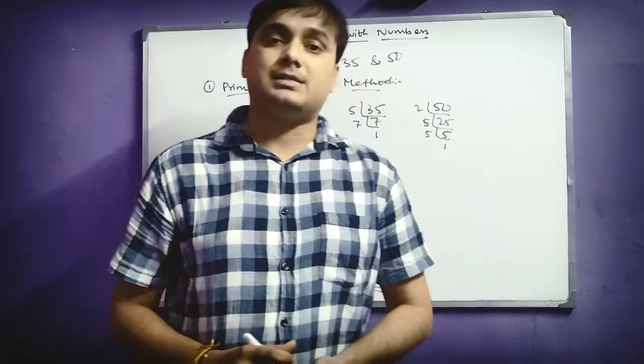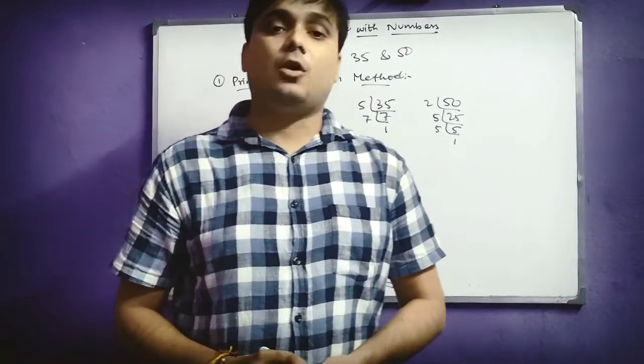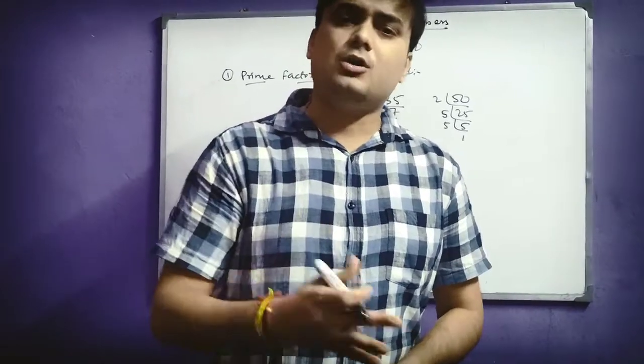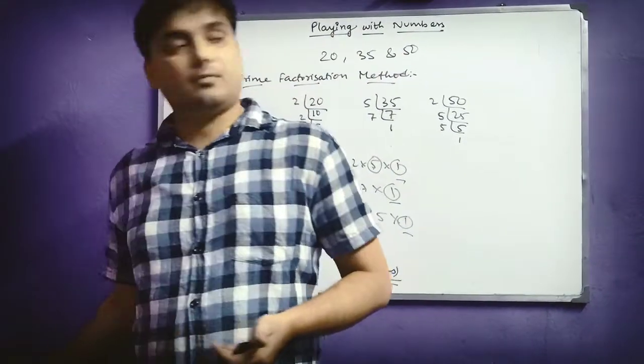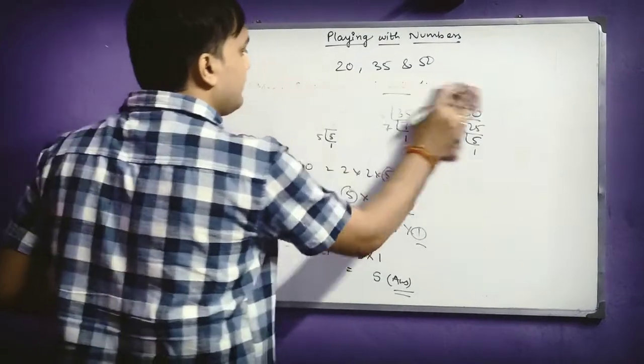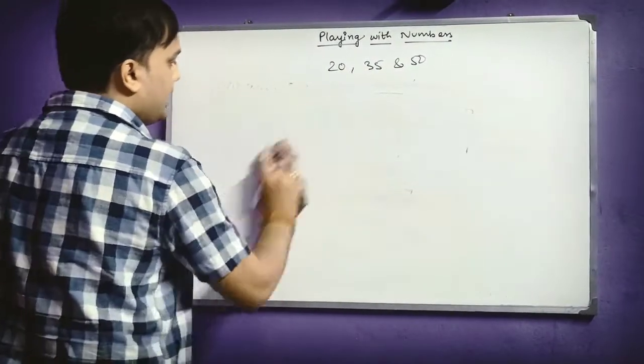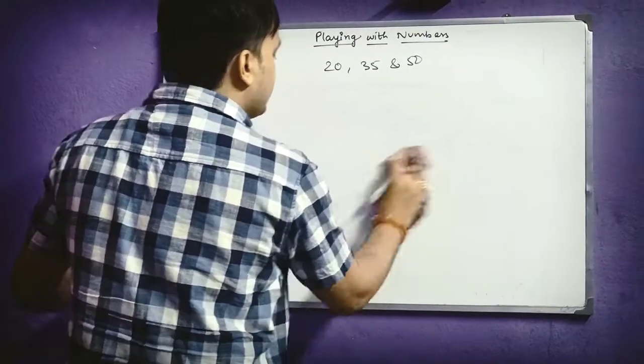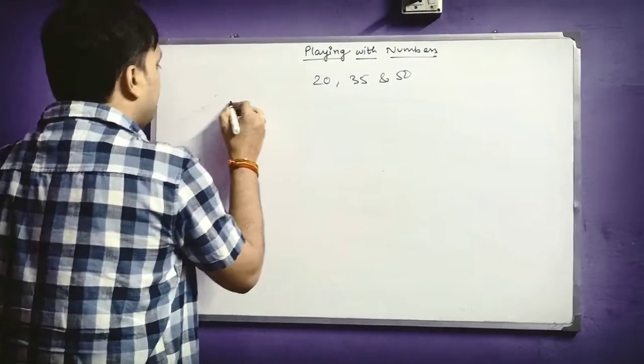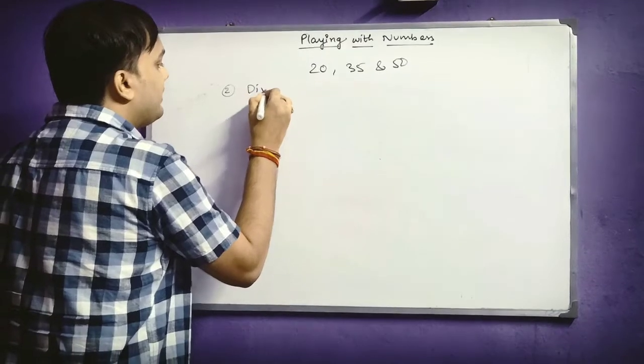Now let us understand the second method, which we call the division method or long division method, as you like. So students, the second method we call the division method.